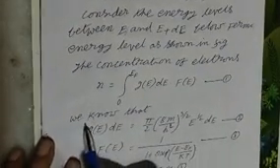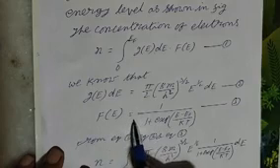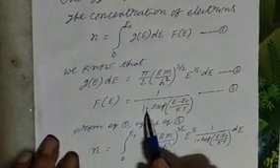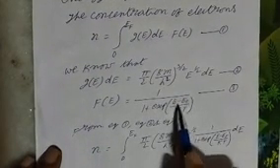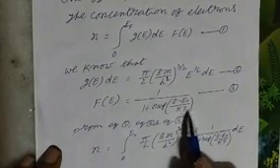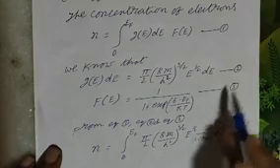Therefore, G of E dE is equivalent to pi by 2 into (8m by h square) whole power 3 by 2 into E power half dE. That is equation 2. F of E is equivalent to 1 by 1 plus exponential of (E minus EF) by kT. That is equation 3.